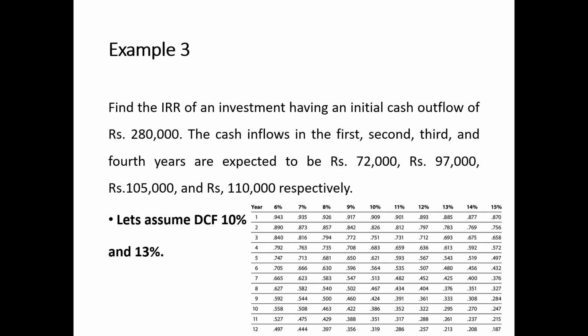If the difference between the rates are closer, then it will give you more accurate result. So now just try to calculate the discount factor for 10% and 13% and use it for calculation of NPV.